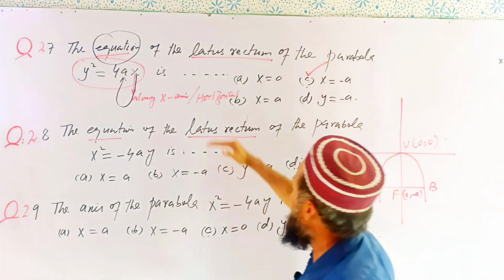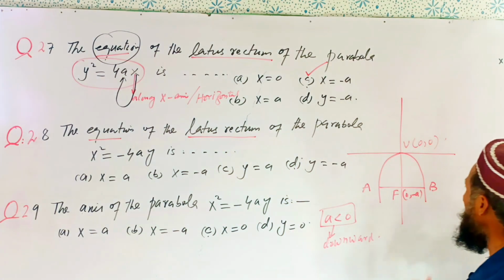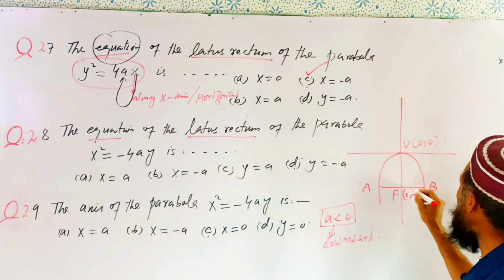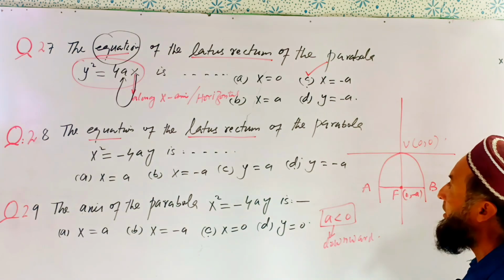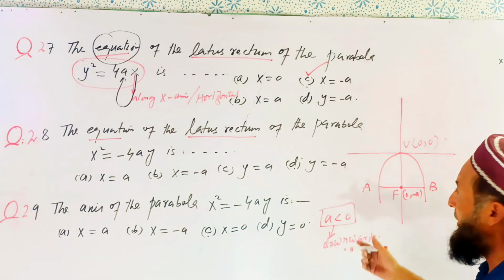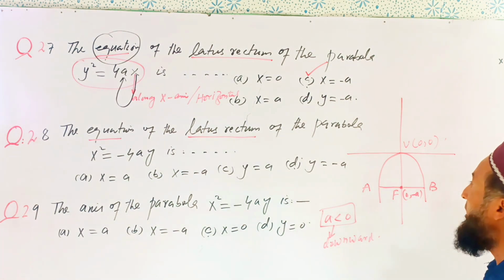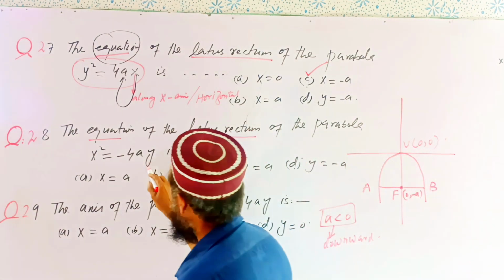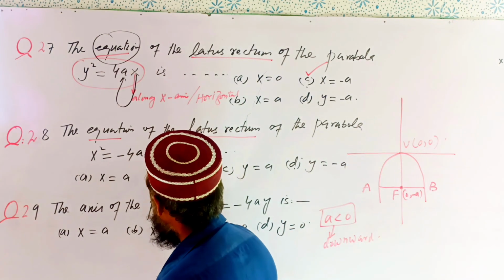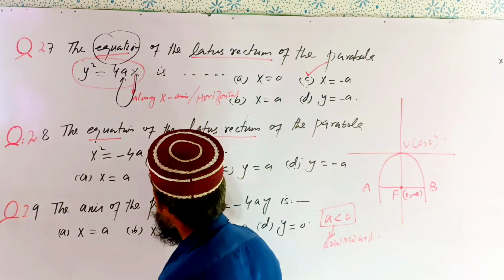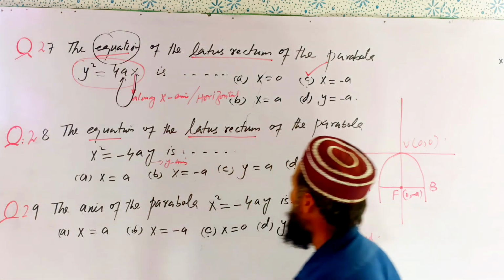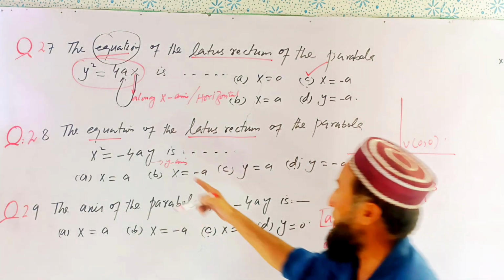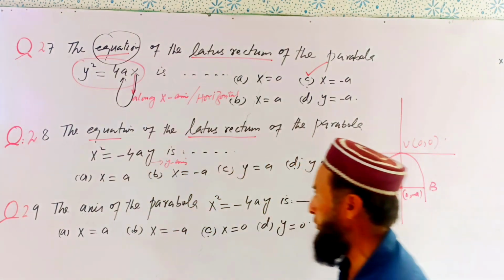Now the latus rectum, we have discussed, is the perpendicular line which passes through the focus, and its equation is required. We cannot change along the y-axis. The parabola is along the y-axis, so there will be no change. Y is equal to minus a directly, you can say.